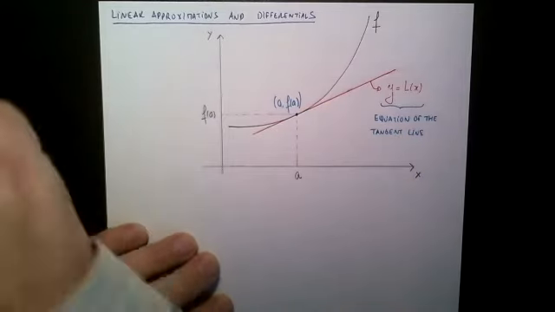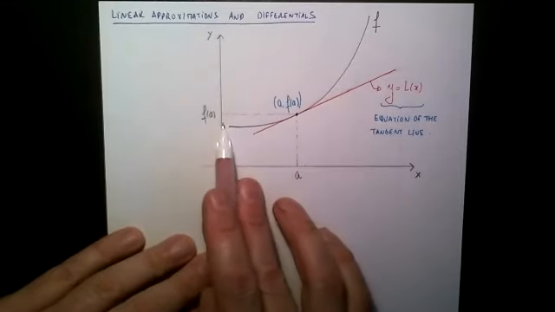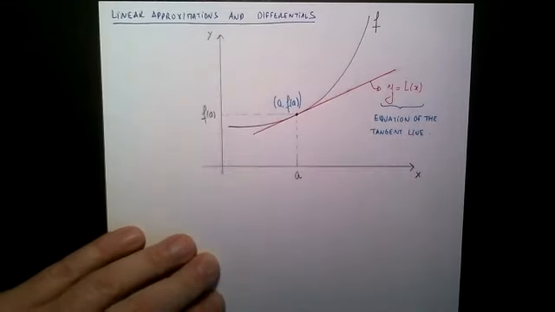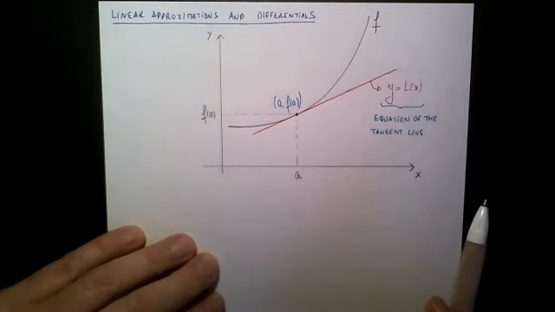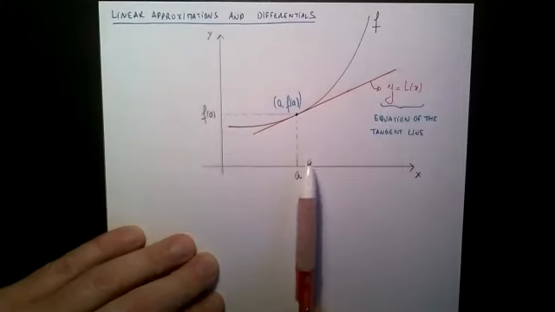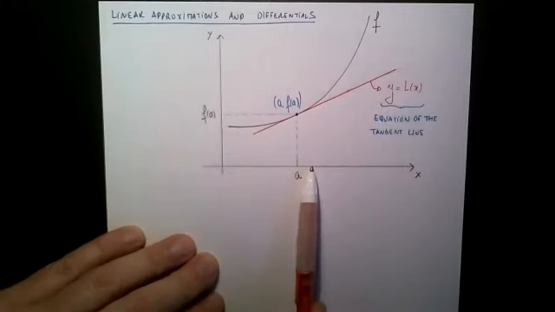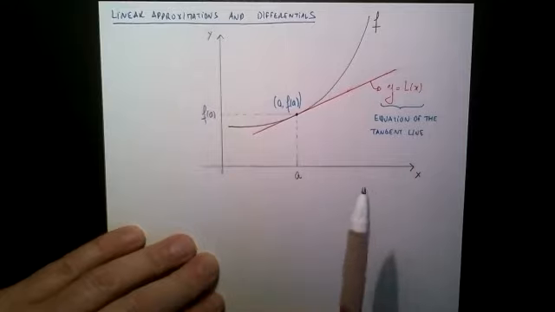And we're going to use this line to approximate the curve, to approximate the function. Of course, we're way off, but if we're trying to find the value of the function at a value x close to a, that could be a good approximation.